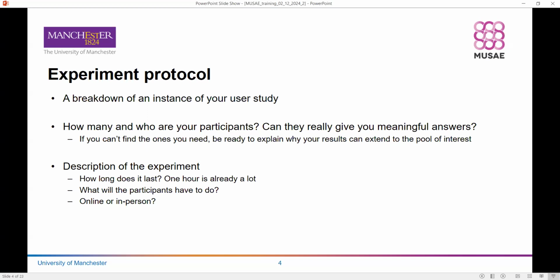So in principle, if a researcher or another collaborator jumps in the middle of the prototyping phase and doesn't have a clear idea of what you're going to do in your user study, by reading the experiment protocol, they get a very good idea of what the experiment is about, how and why it is being done. So it's a comprehensive description of your experiment.